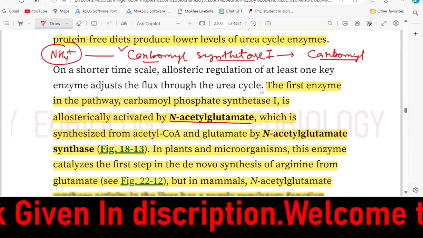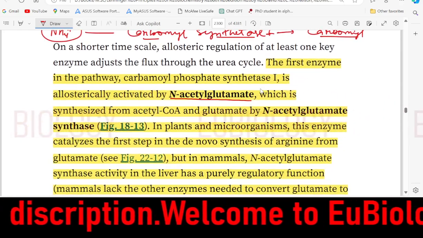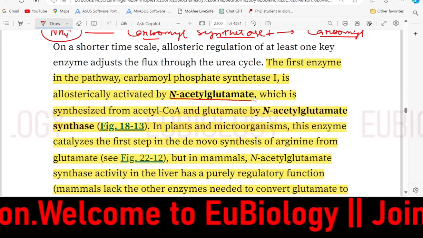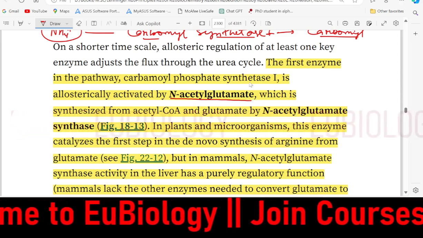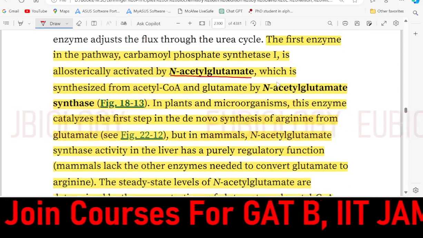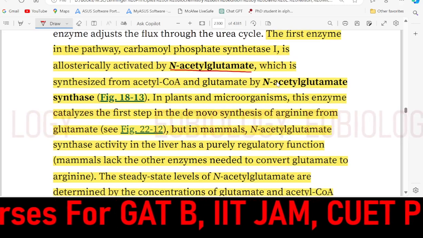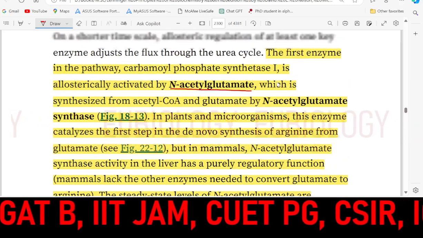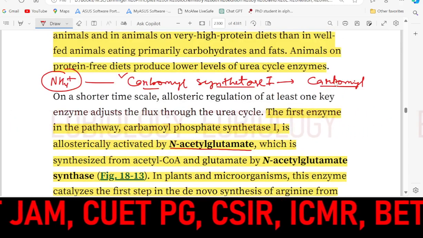This carbamoyl phosphate synthetase 1 is an allosteric enzyme. If N-acetyl glutamate binds at the allosteric site, only then will this enzyme be activated. Once it is activated, it will convert ammonia into carbamoyl phosphate.